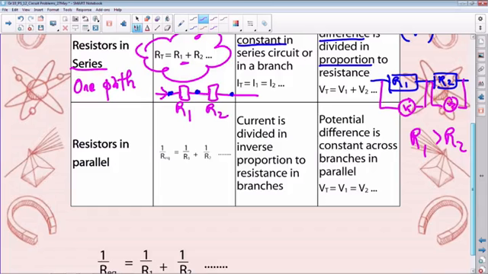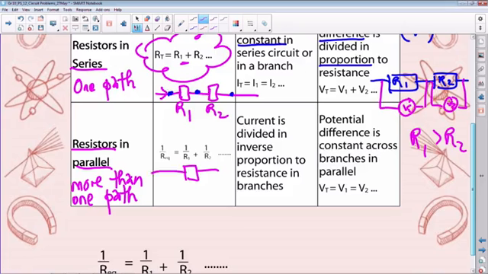Then, on the contrary, here we have resistors in parallel. Parallel means more than one path for current to flow. We made a simple sketch earlier on. If we're talking about a parallel combination of resistors, we have something of this sort.